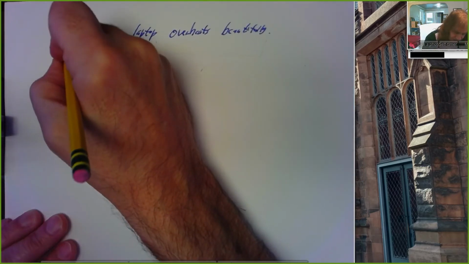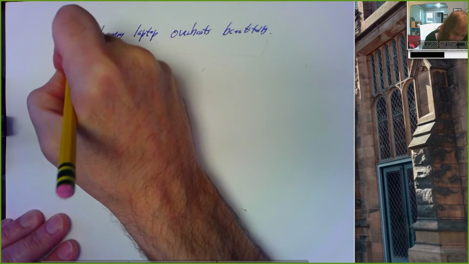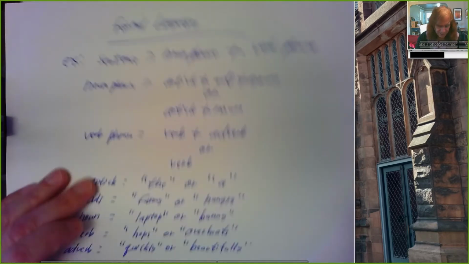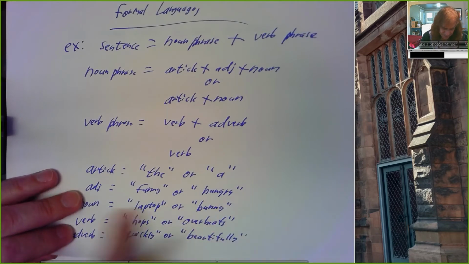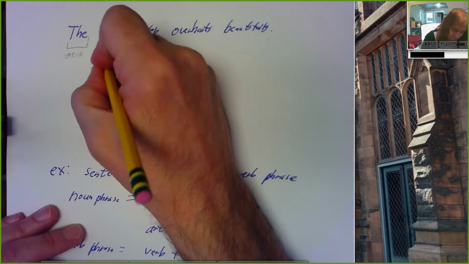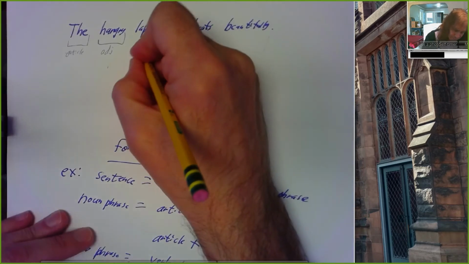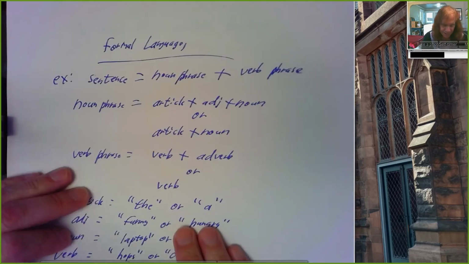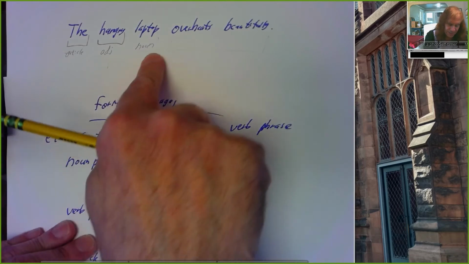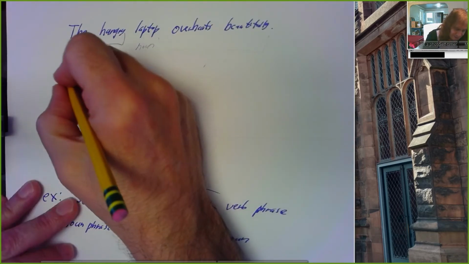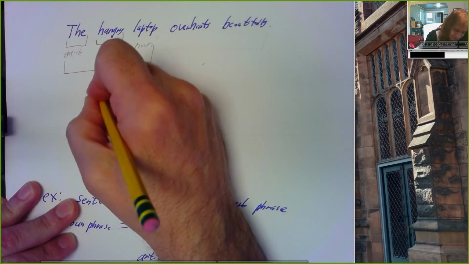But here's what we can do. We can say this is an article, and hungry is an adjective, and laptop is a noun. And guess what? An article followed by an adjective followed by a noun, that's what we call a noun phrase. So this thing is a noun phrase.